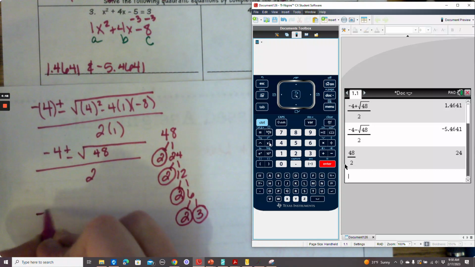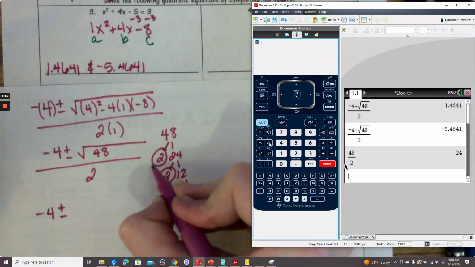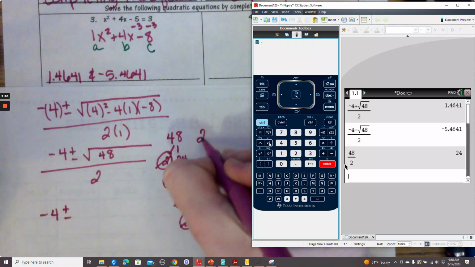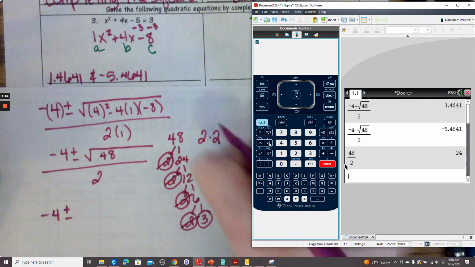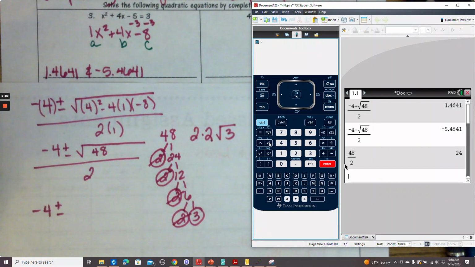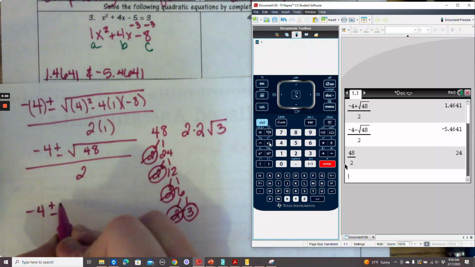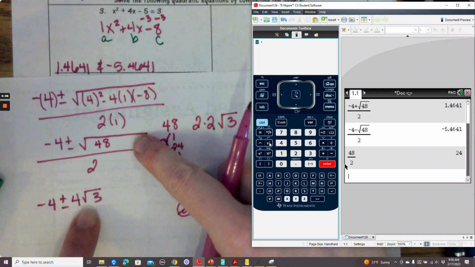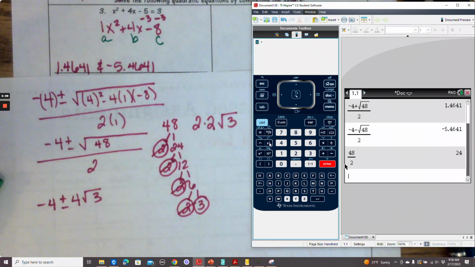All right, so I've got -4 plus or minus. I've got 2's and I've got 2's, which is 2 times 2, and that 3 has to stay under the square root. So 2 times 2 is 4, square root of 3. So the square root of 48 and 4 times the square root of 3, those are equivalent.